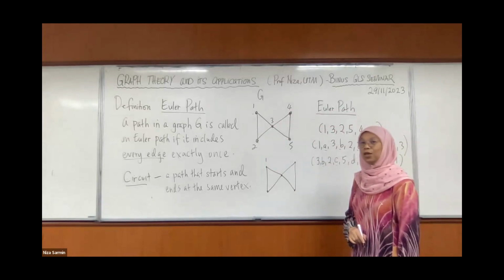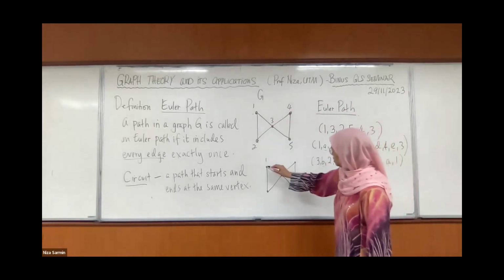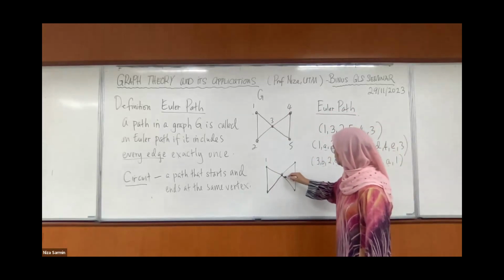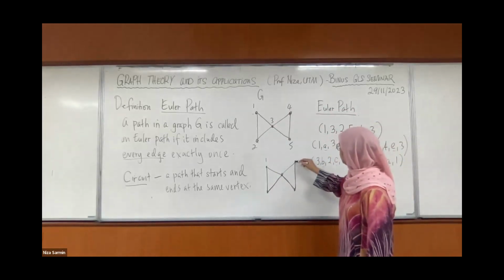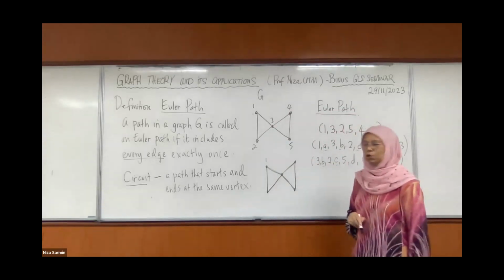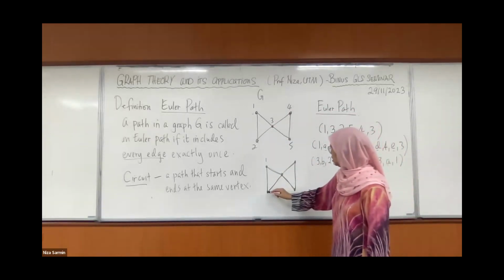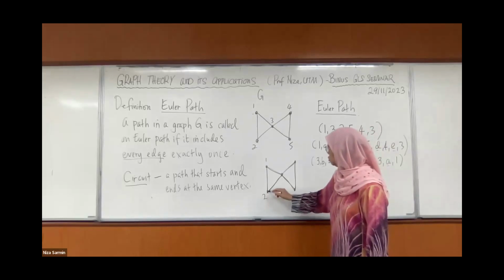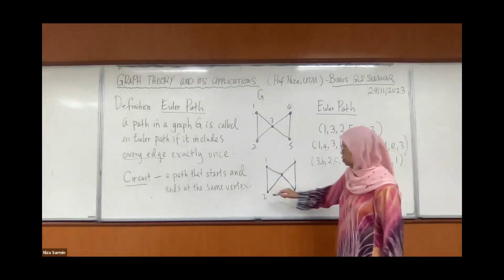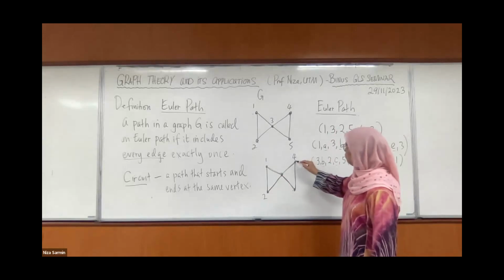That is an Euler circuit. You can start from anyone. You can start also from 2 and go back to 2. You can start from 4.